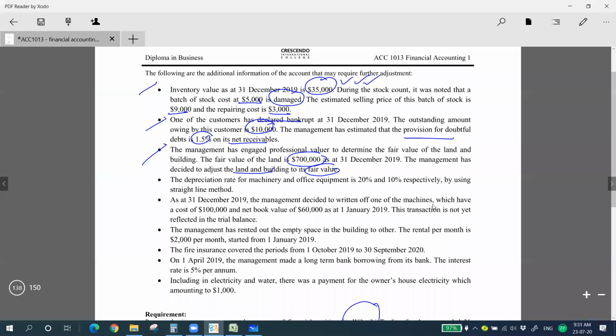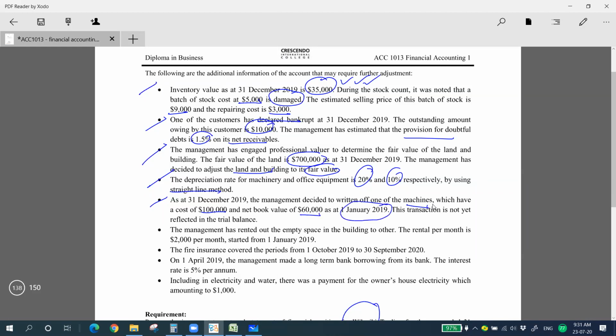Next adjustment regarding the depreciation. The depreciation rate for machinery and office equipment is 20% and 10% respectively by using the straight line method. As at 31st December 2019, the management decided to write off one of the machines, which has a cost of 100,000 and net book value of 60,000 as at 1st of January 2019.